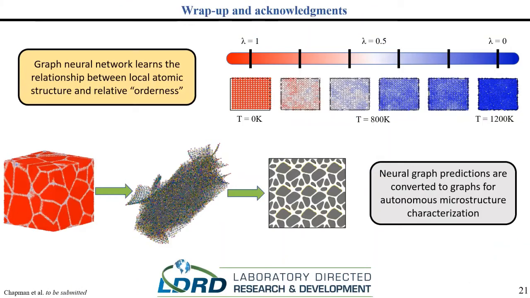So to summarize, what I've shown is that we have this graph neural network scheme that actually learns the relative orderness between two phases as a local atomic order parameter, and encodes the relevant physical and geometric information of the atomic graph and maps it onto that. And these predictions can be easily thresholded and then converted to a graph for ultimately the autonomous microstructure characterization of whatever material phase you're interested in looking at.